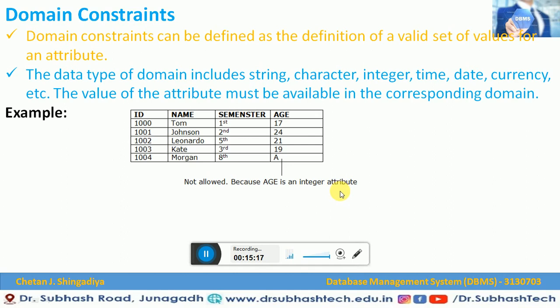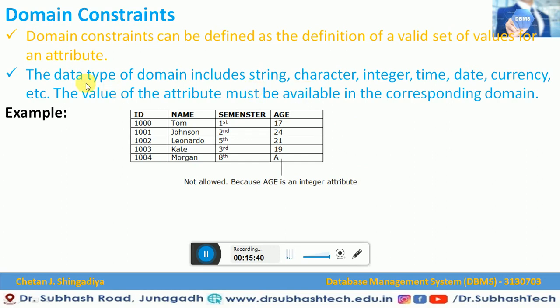So now let me show you another aspect of this domain concept. What we have seen previously, it should define the valid set of values for an attribute. So here you can see a is not a valid value for the attribute age, which is not allowed because age is an integer.